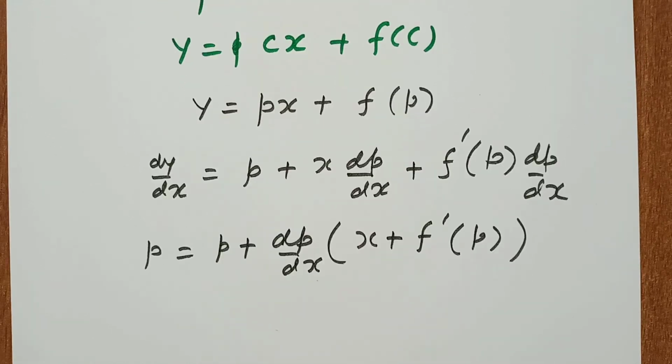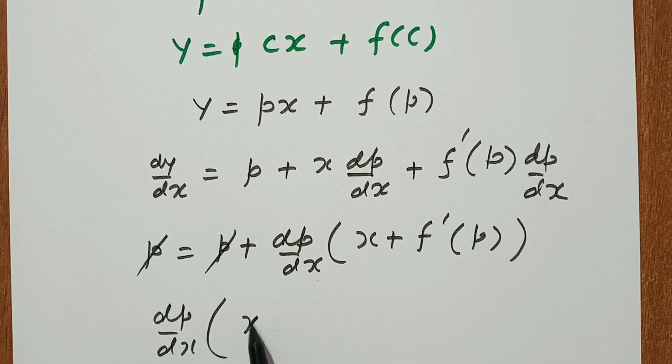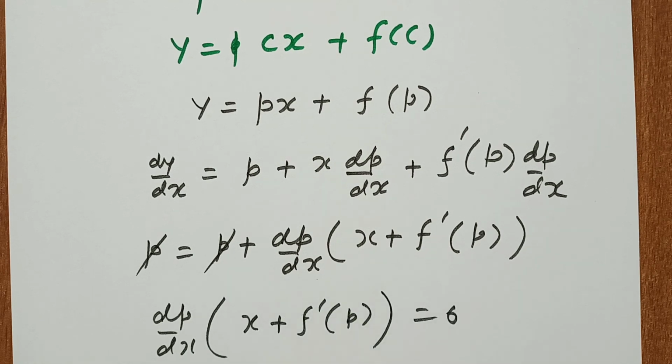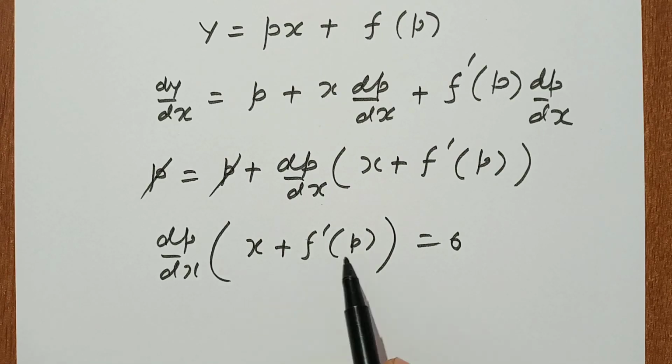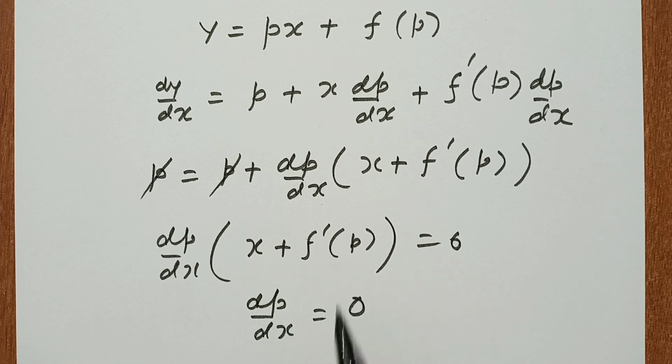Okay, p cancels, so dp/dx times this thing equals 0. Since this thing is not equal to 0, dp/dx = 0.